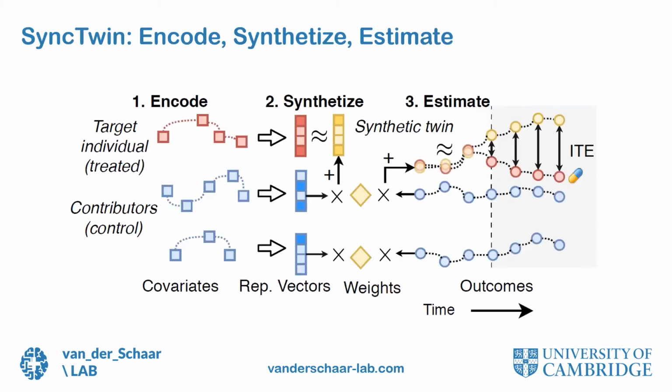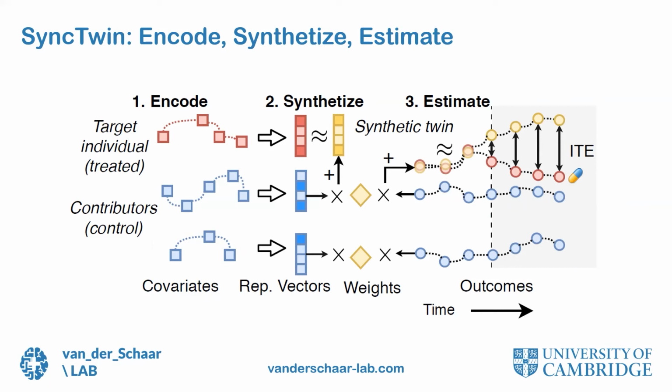Now, the SyncTwin method includes 3 steps: encode, synthesize, and estimate. For any target individual, we find very few contributors from the opposite treatment group. The first encoding step will encode the temporal covariates into fixed representation vectors using a deep neural network.